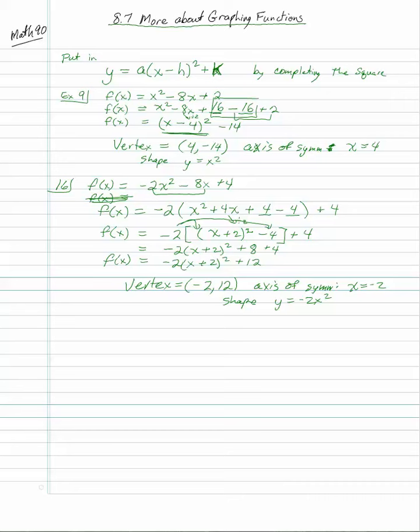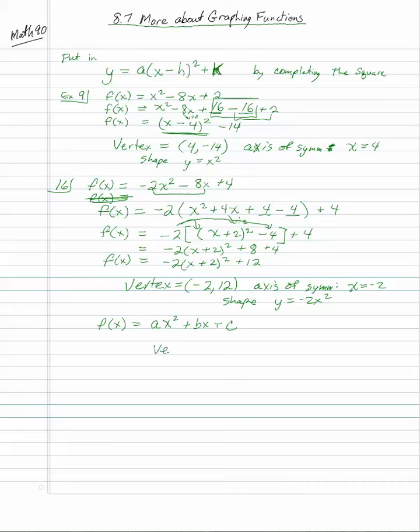Alright. So that's the technique of completing the square. And of course, there's actually a shortcut, and we can do it just like we did with making the quadratic formula, where you put in a, b, and c. I'm not going to show you how to derive it, but if you were to follow through with these steps and complete the square like we did with number 16, you're going to get this.